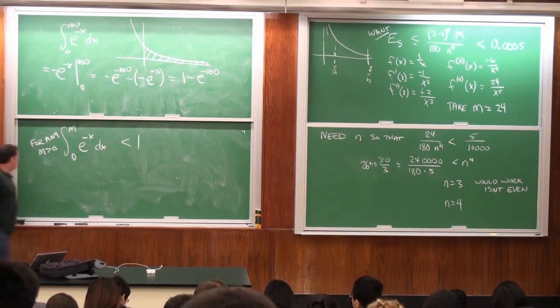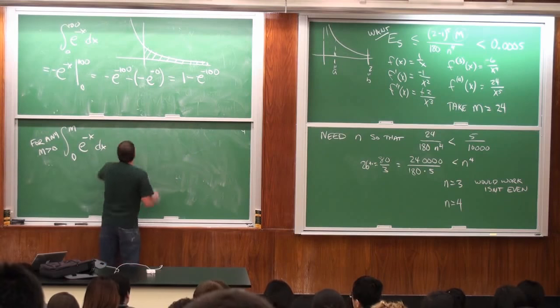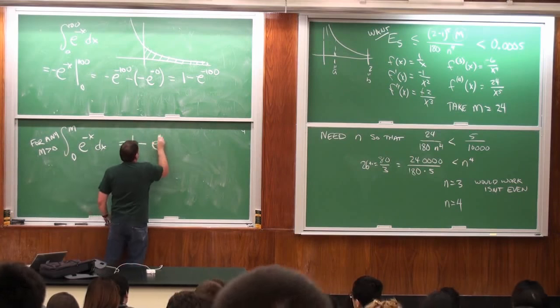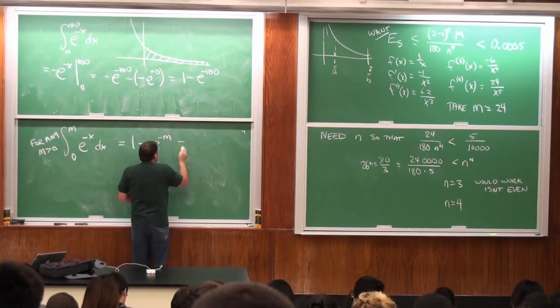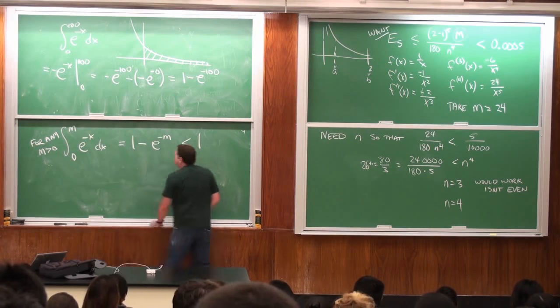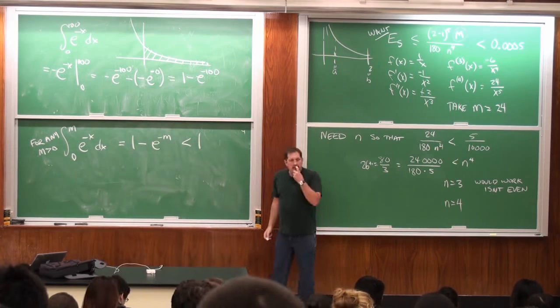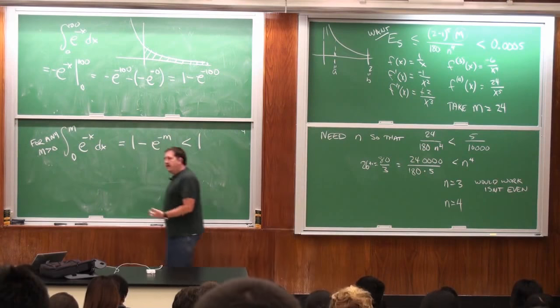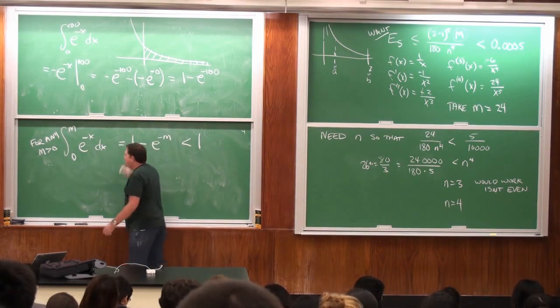In fact, we know what it is. It equals 1 minus e to the minus m, which is always less than 1. But as m gets bigger and bigger, this goes to 1.